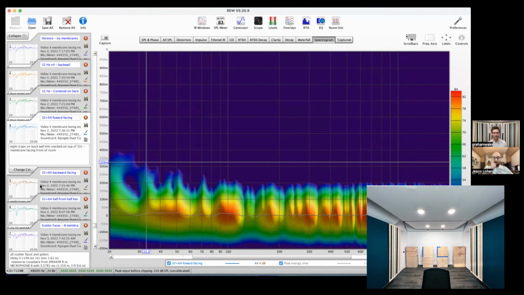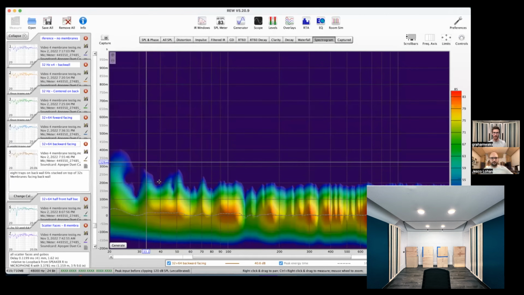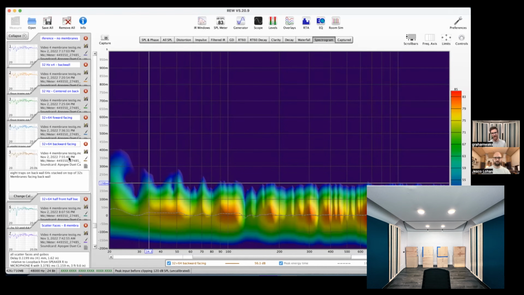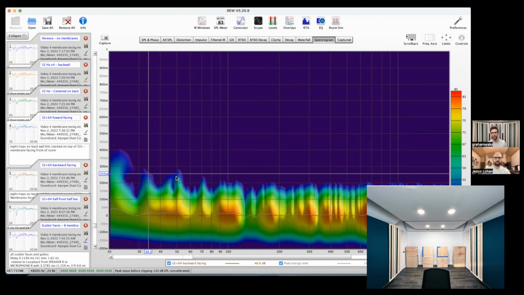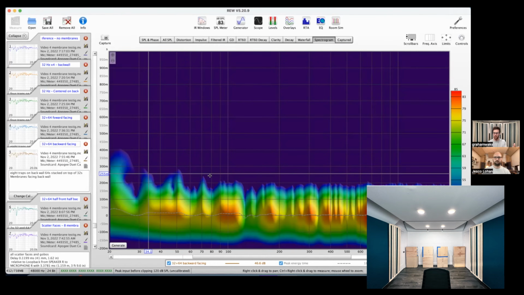So if we jump over to this, we'll see a little bit more improvement in the actual spectrogram measurements here. A slight shortening up of some of these decay times. And in this case, at our specific tuning frequency, actually a pretty significant change. But there are some other things that change if we look at the frequency response.